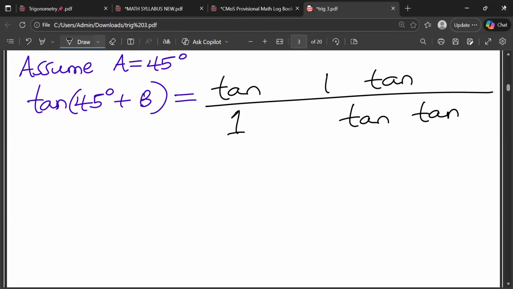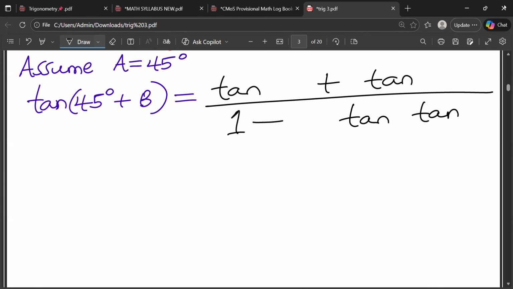So it will be plus. Then the denominator will be minus since we are having cos.